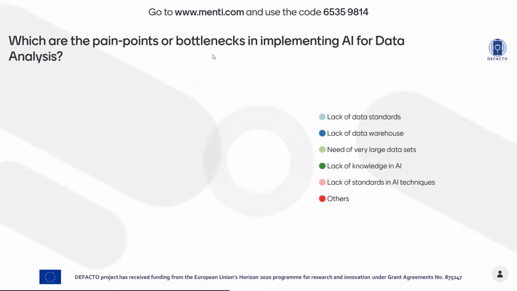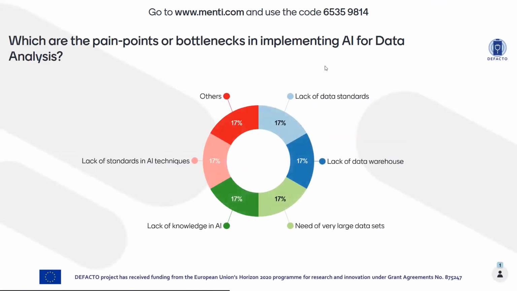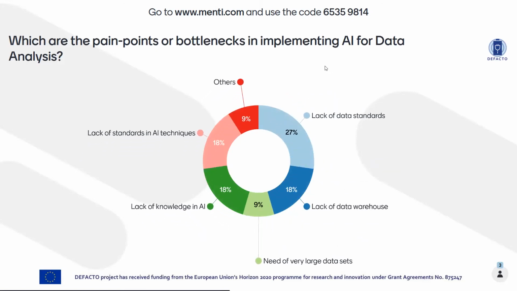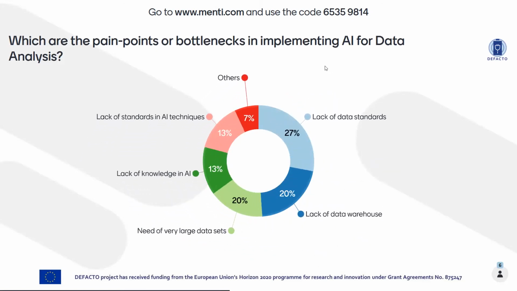Okay, so the first question is, which are the pain points or bottlenecks in implementing AI or machine learning for data analysis, according to you? Here we have 6 options: lack of data standards, lack of data warehouse, need of very large data sets, lack of standards in AI techniques, lack of knowledge in AI, or others.